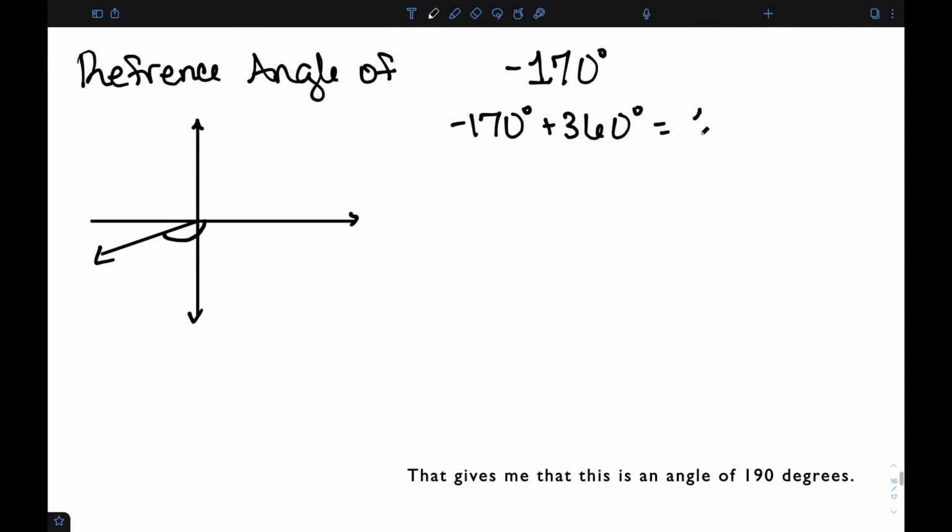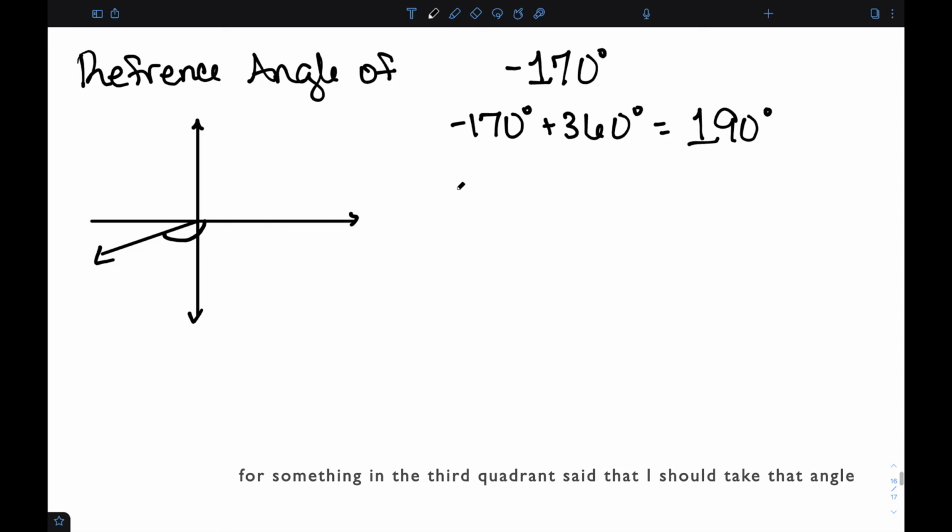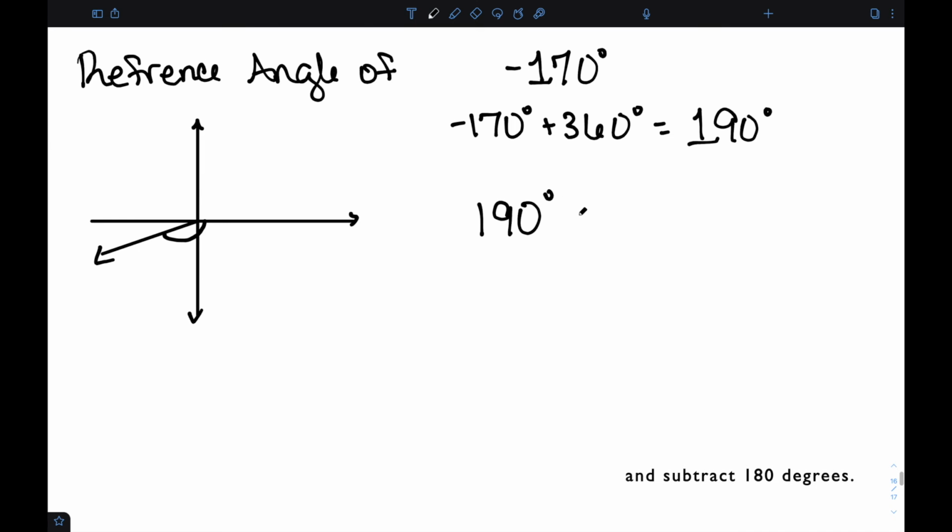That gives me an angle of 190 degrees. So my reference angle for something in the third quadrant says that I should take that angle and subtract 180 degrees. So my reference angle here is 10 degrees.